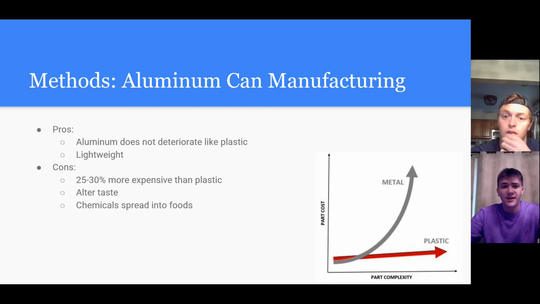And it can alter the taste a little bit because the aluminum taste could come through in the can and show in the drink. And chemicals can also spread into the drink from the fluoric acid bath that they use to clean the cans. So I will pass this on to Jake, where he will take over the rest of this presentation.